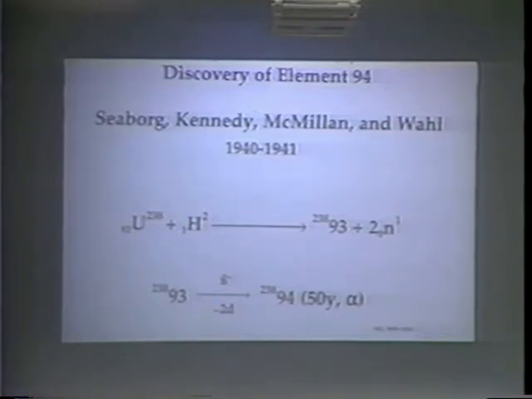We could actually estimate the half-life from the intensity of its radioactivity and the intensity of the radioactivity of the parent. And we made a chemical identification of this on February 23rd, 1941, which is the date that really denotes the discovery of the element with the atomic number 94. And we estimated the half-life as 50 years.